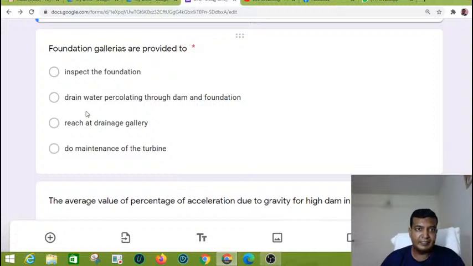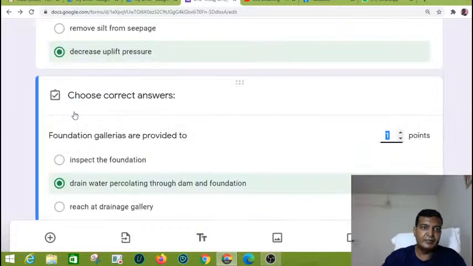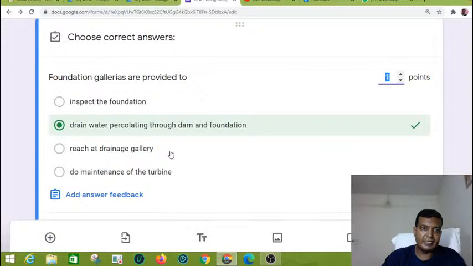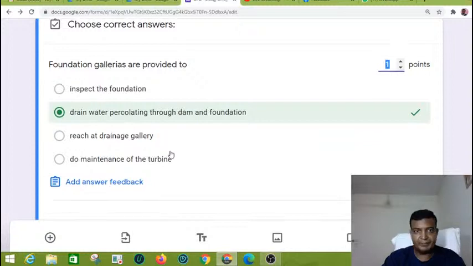Foundation gallery, why is it provided? So B is the answer, to drain water percolating through the dam and foundation. So let us see. The answer is drain water percolation through dam and foundation.